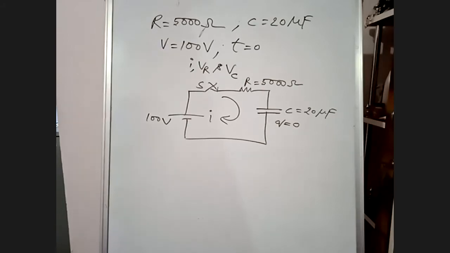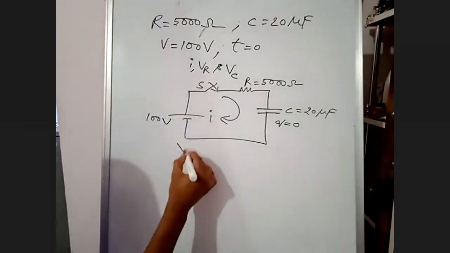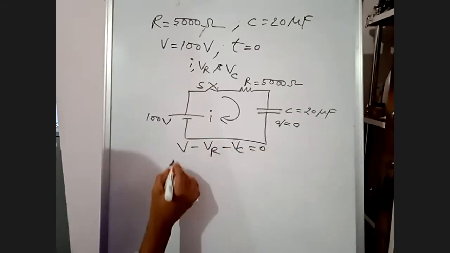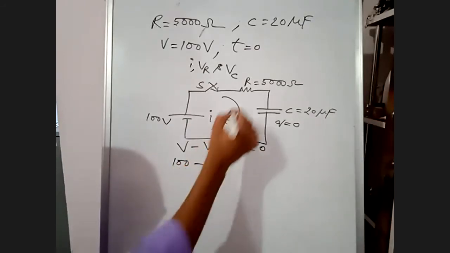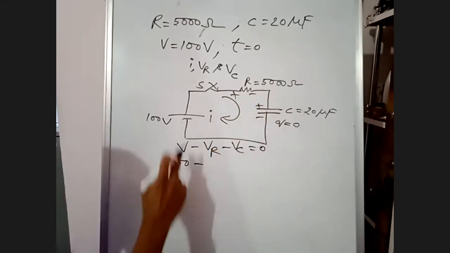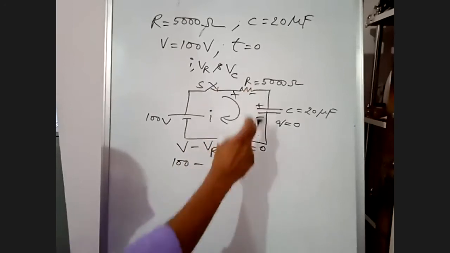Okay. Now he is asking in the problem to determine I, VR and VC transient equations. So by using a first order differential equation, I will determine this. First I am writing the equation: V minus VR minus VC is equal to 0. Your V is 100.